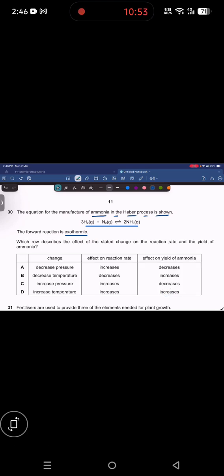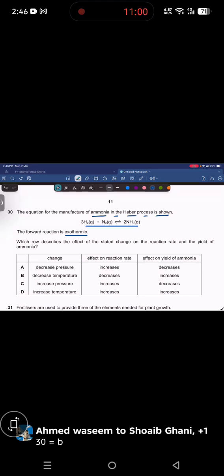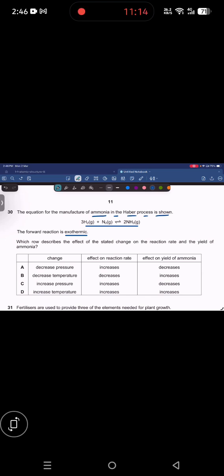Now, which row describes the effect of the change on the reaction rate and the yield of ammonia? Ahmed gave the answer D. Others gave the answer B. Ahmed has also given the answer B. So, which row describes the effect of a change on the reaction rate and the yield of ammonia?